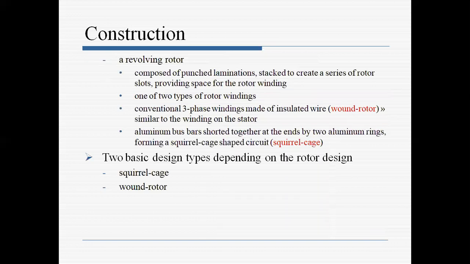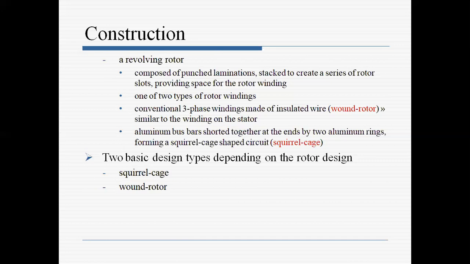This is the outer frame. The next one is the rotor. The rotor is the inner one, which is going to rotate. It is composed of punched laminations stacked to create a series of rotor slots, providing space for a rotor winding. We have two kinds of rotors: number one, wound rotor, number two, squirrel cage rotor.